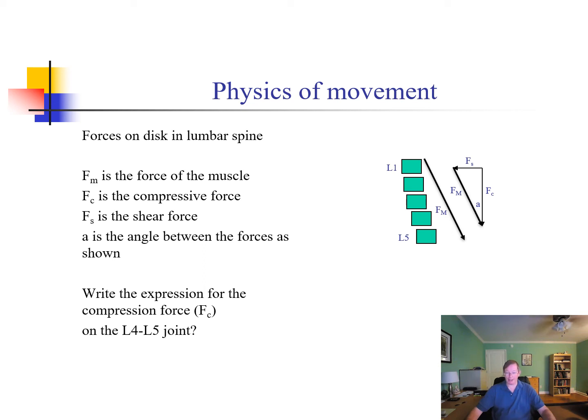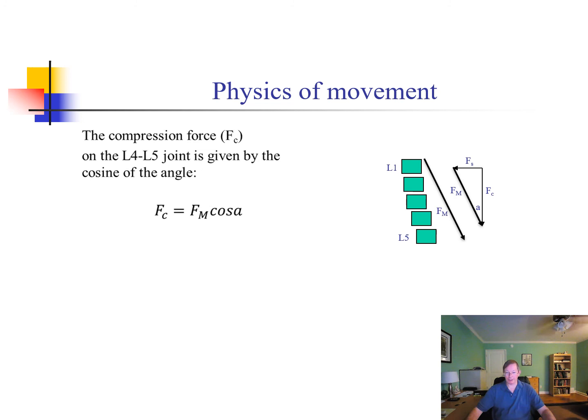So if that muscle group makes an angle, like I've shown here in this A, the compressive force would be what? Well, hopefully you see that that's a cosine function because it's adjacent relative to this hypotenuse. And the shear force, being opposite, would be a sine function.